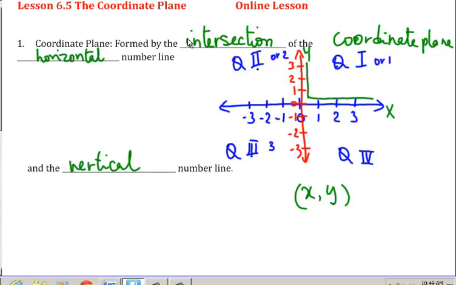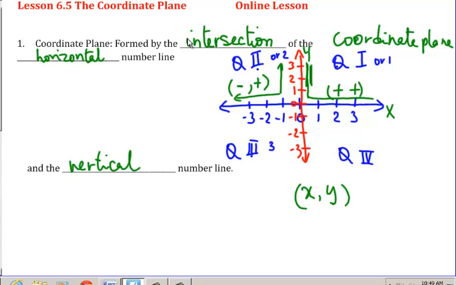How are the numbers in quadrant 1? The x is positive and the y, going up and down here, is also positive. So both x and y are positive there. In the second quadrant, the x is a negative number, and the y, which is going up, is a positive number.